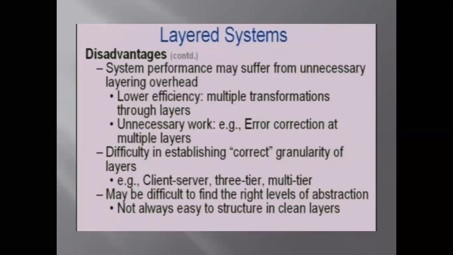If there is too much layering, whenever there is an information transfer, we have to travel through all those layers. Even if the information is very small, we have to traverse all the layers. So we should not have too many layers or too few layers. We should see to it that the abstraction criteria and abstraction levels are well defined, so that we have an optimal number of layers. Thank you.